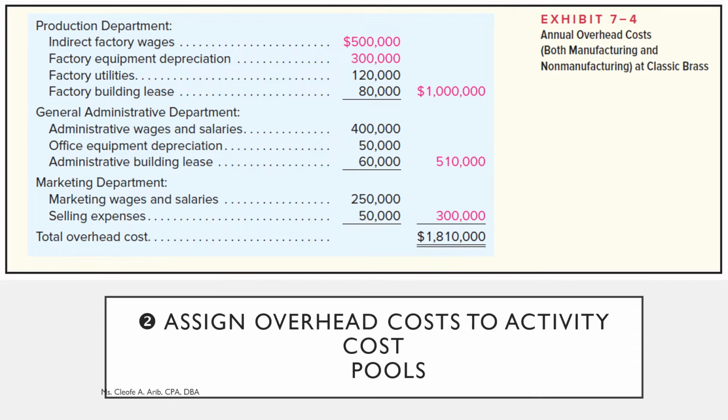Now, if you compare Exhibit 7-4 to your Exhibit 7-2, you will notice that 3 costs included in your Exhibit 7-2 were not included dito sa 7-4. Ano yung tatlong cost na yon? Si direct materials, direct labor, and shipping expenses.